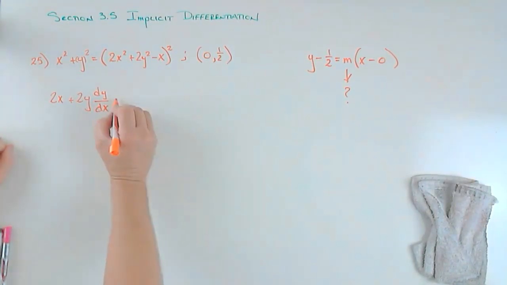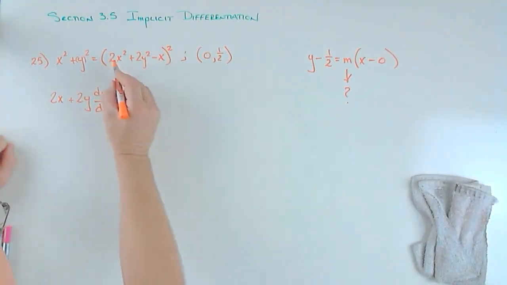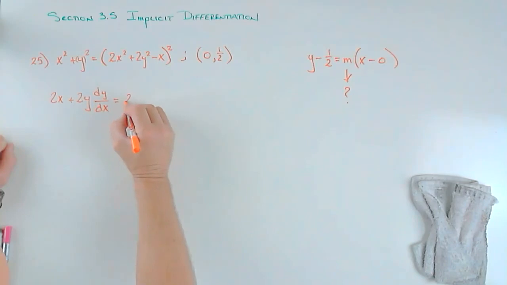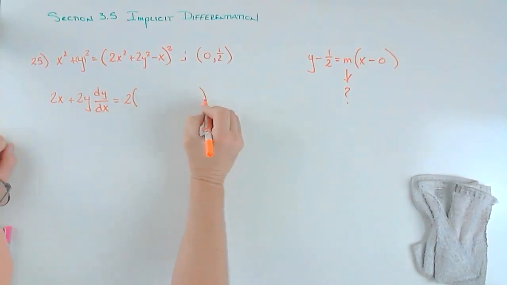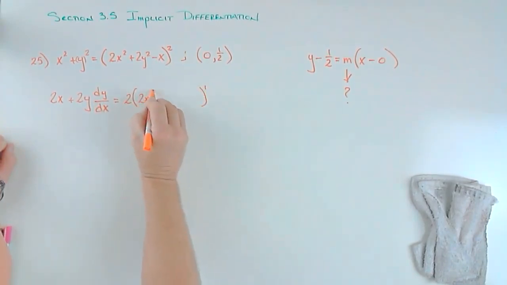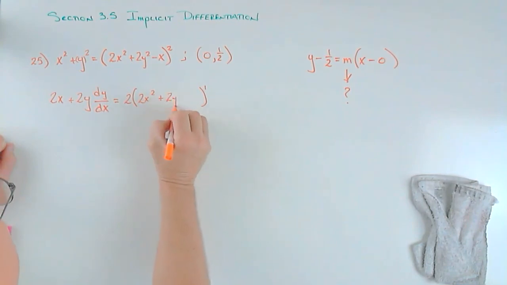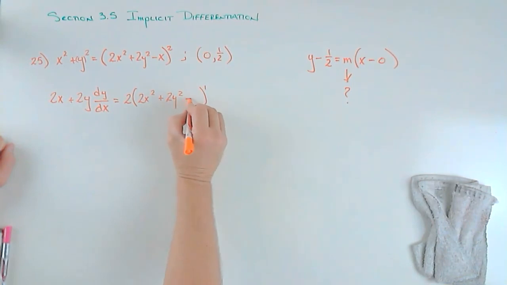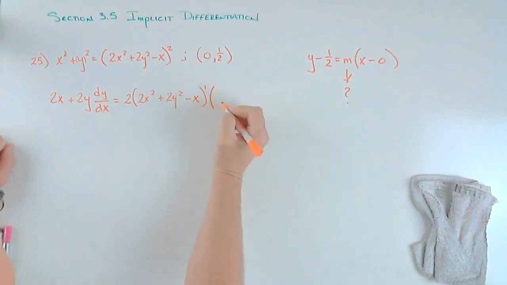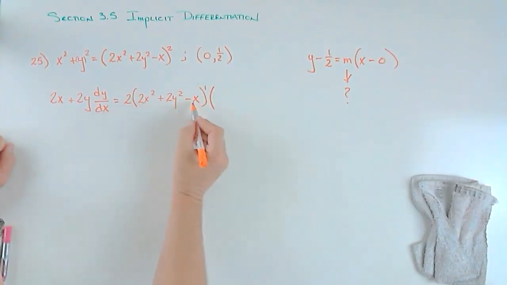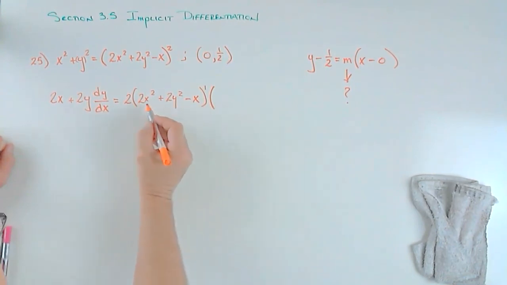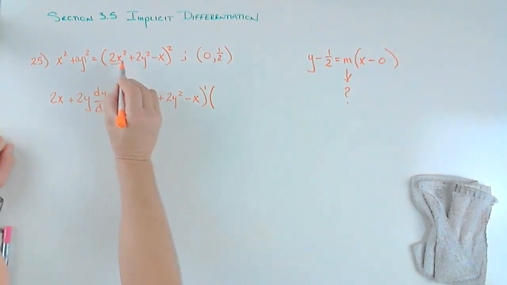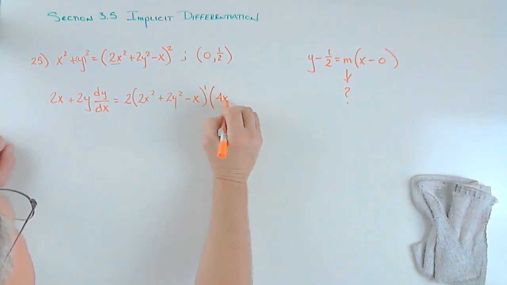Now, what are we going to do over here? Well, over here, we have a function to a power. So we bring down the power. It's the chain rule, right? So our new power is going to be 1. So that's going to be 2x squared plus 2y squared minus x. But we have to do the chain rule. We have to multiply by the derivative of what we find inside. The derivative of 2x squared is going to be 4x.